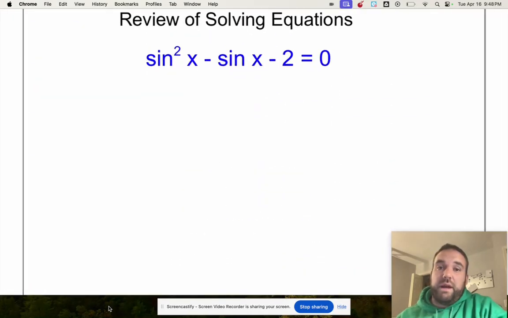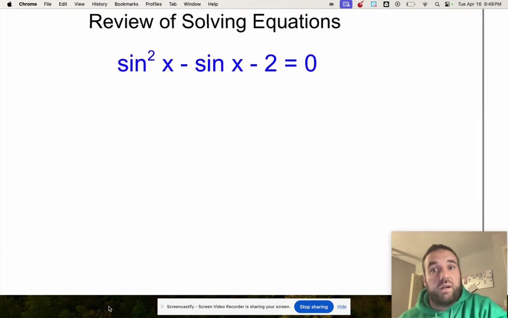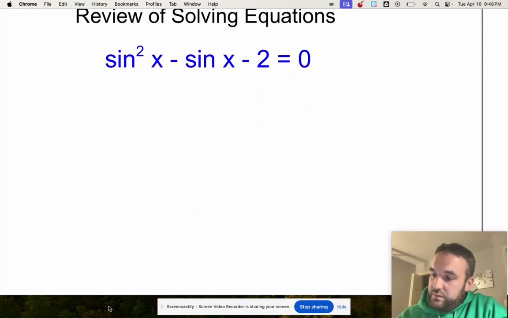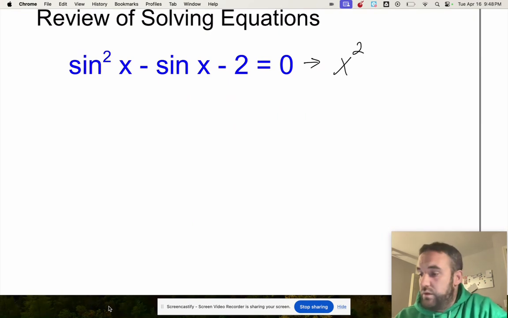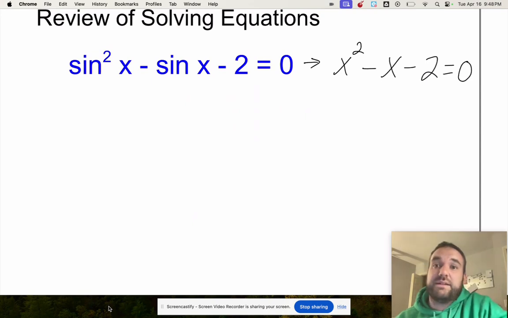Just a quick reminder, because we're going to try to use a couple of these to solve some equations. If I see something like sine squared x minus sine x minus 2 equals 0, I need to factor it because I have sine squared and sine to the first. So I'm going to think of it as x squared minus x minus 2, where my x is actually the sine of x.